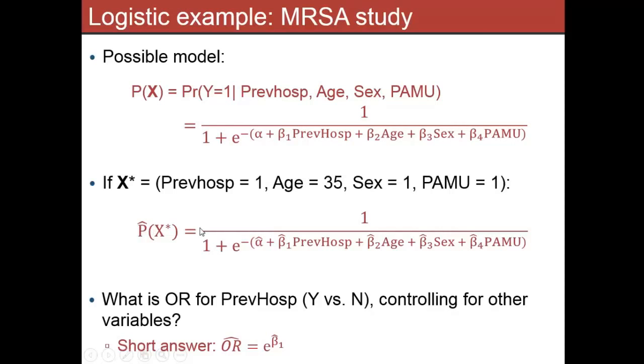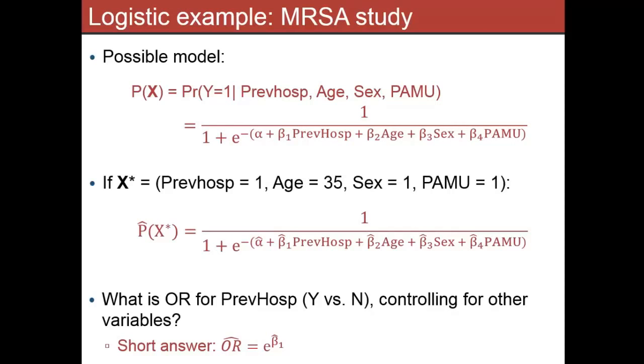But then we also talked about this other stuff that you might want to know that is more general than just, give me the probability for this person. You might say something like, what's the odds ratio for previous hospitalization once we control for all the other stuff in the model? And that's, as I'm sure you've seen so far in your epi career, perhaps the more common thing you want to know, this general epidemiologic conclusion about some situation.